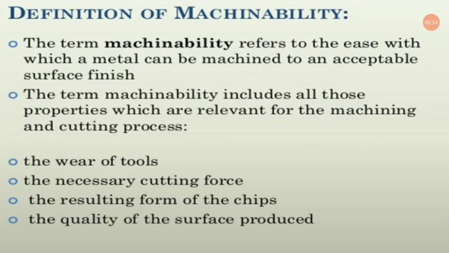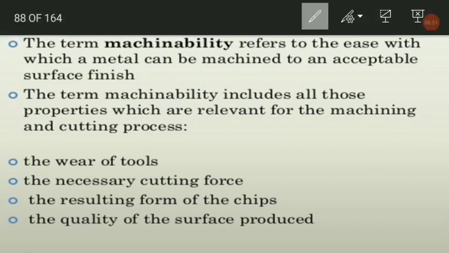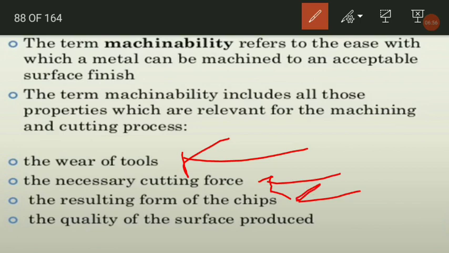Now the term machinability includes all those properties which are relevant for the machining and cutting process. That is the wear of tools, necessary cutting force, resulting form of the chips, quality of the surface produced as well. Okay, so that is the thing.